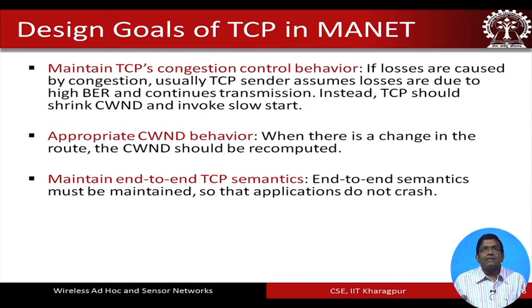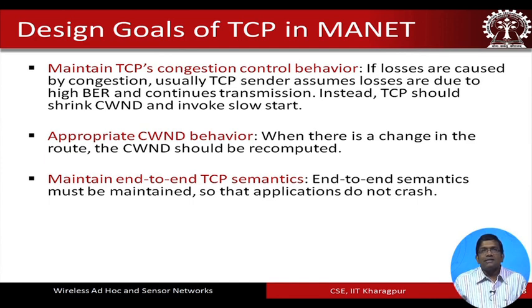So, maintaining TCP's congestion control behavior: if losses are caused by congestion, the TCP should shrink the congestion window and invoke slow start. Usually the TCP sender assumes that losses are due to high bit error rate and continues the transmission. This is what I just said. Appropriate congestion window behavior: when there is a change in the route, the congestion window should be recomputed.